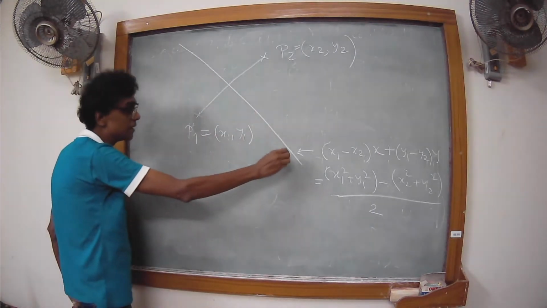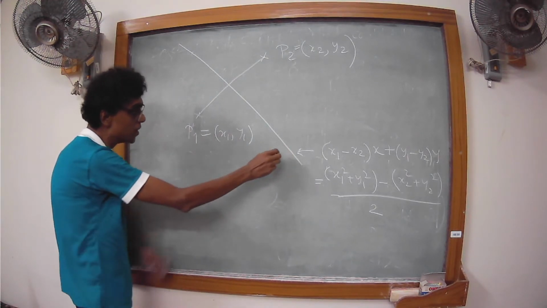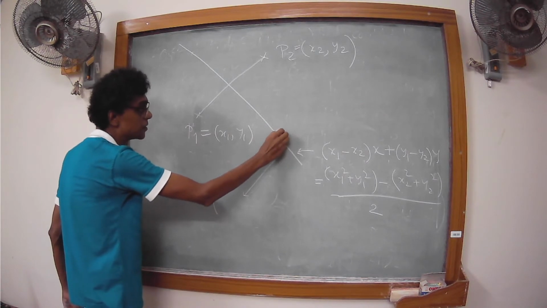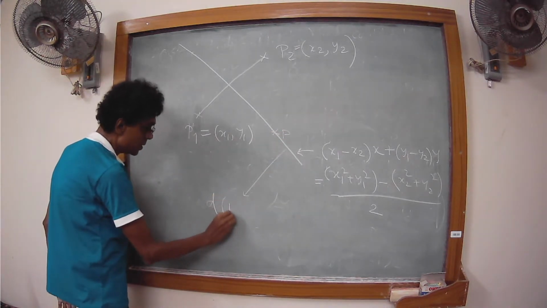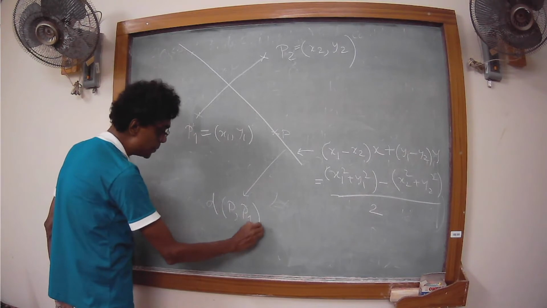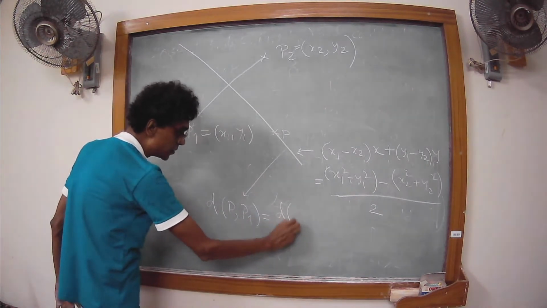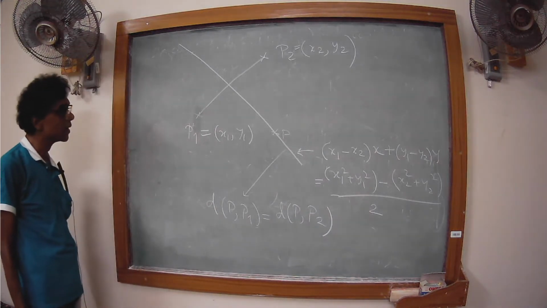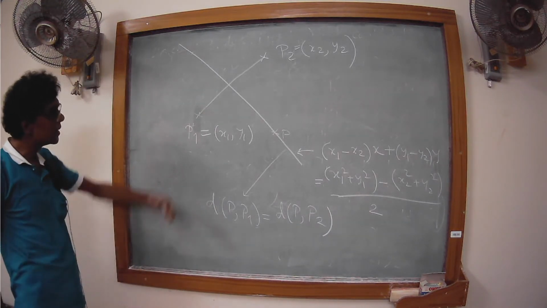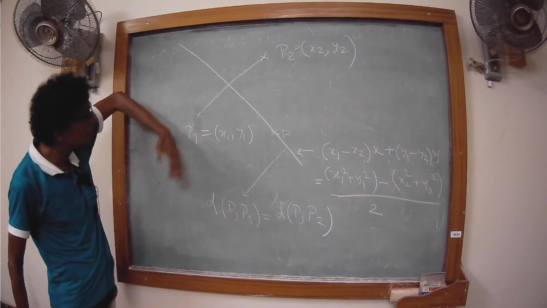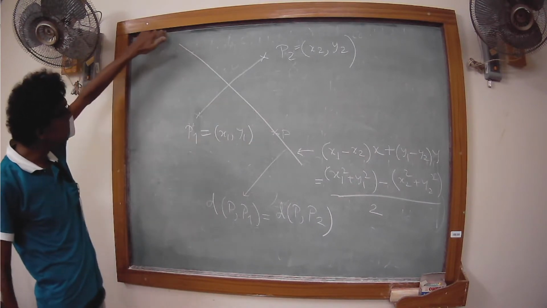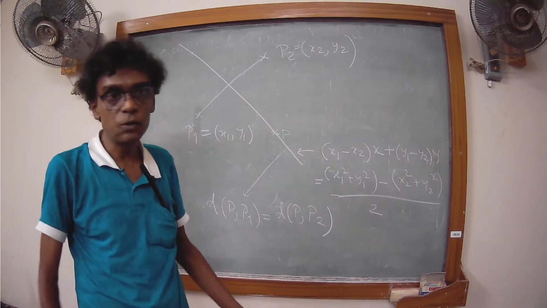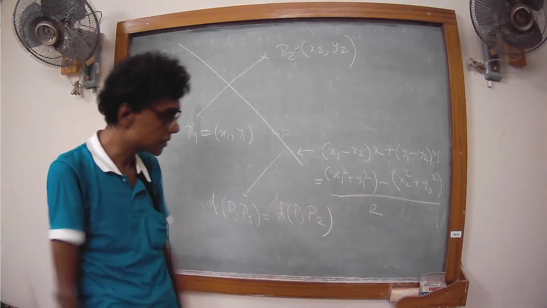Now, it is precisely that line on which all points, take any point P on this, the distance between P and P1 is equal to the distance between P and P2. On the other hand, this line actually bisects the entire two-dimensional plane into two half planes, right?